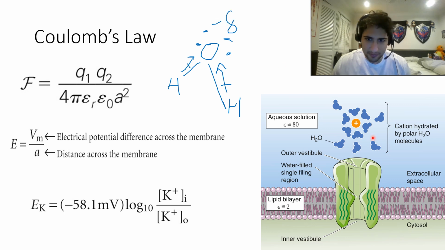That electronegativity lets it hydrate these cations. So they're hanging out over here, and you have this channel, a water-filled single-file region, and the channel will have to change shape in order for the cation to get through. On the other side, you have the cytosol, so you have ions on this side and ions on that side.